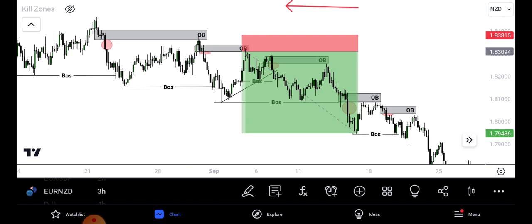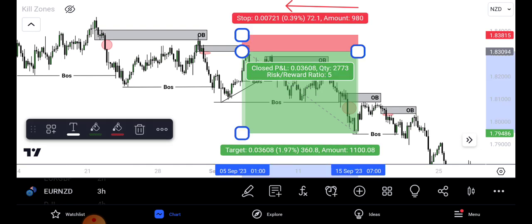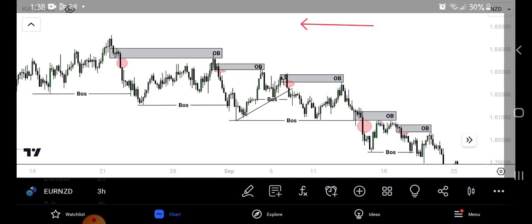If you're risking $100 on this trade, you're going to be making $500 profit. If you're risking $10, you make $50. If you're risking $50, you make $250. So this is how it is. Let's continue.